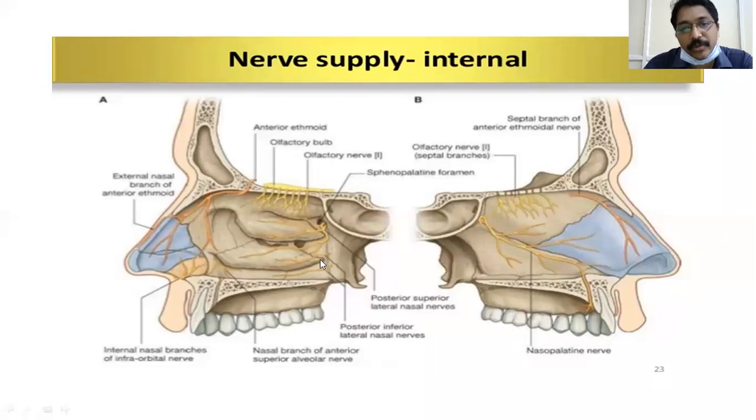The first two supply the lateral wall, and the nasopalatine nerve supplies the medial wall, the septum, mainly the posterior-most part of the nasal septum. In both lateral and medial walls, the anterior side is supplied by the anterior ethmoidal nerve: in the septum, it is the internal nasal branch, and laterally the lateral part of the anterior ethmoidal nerve.